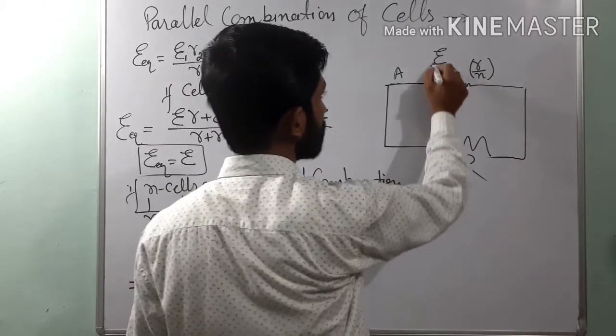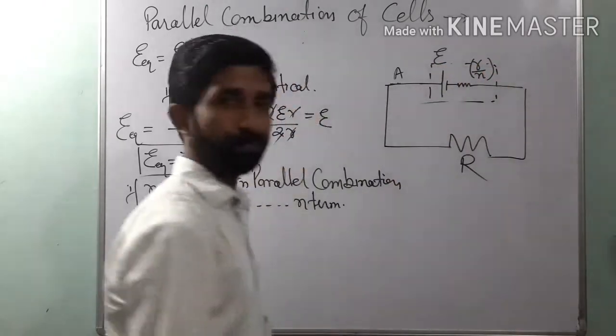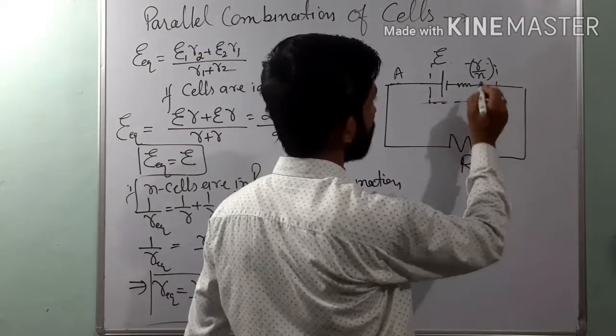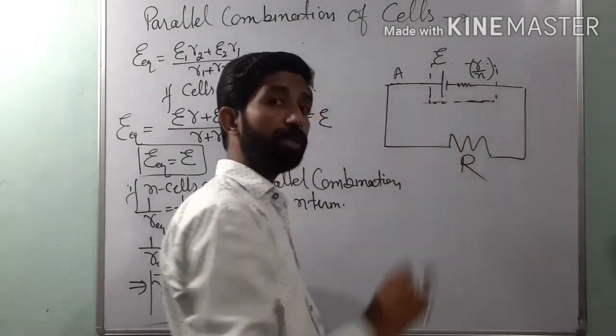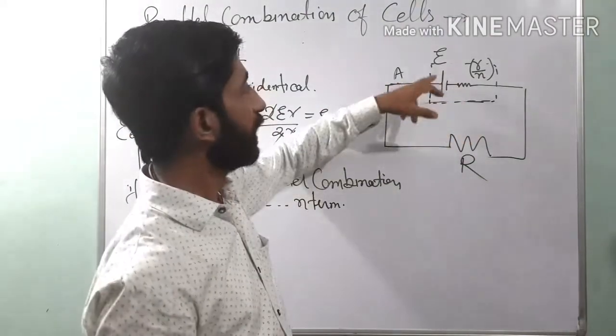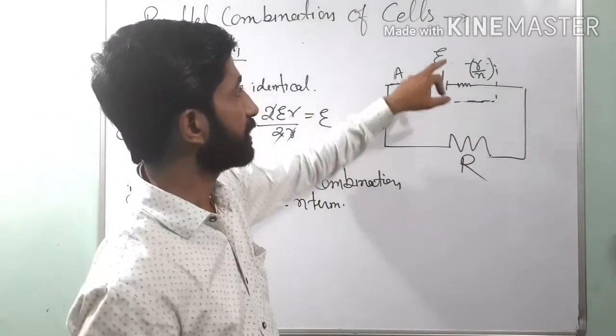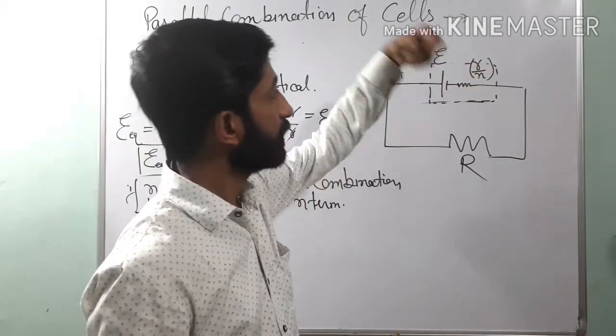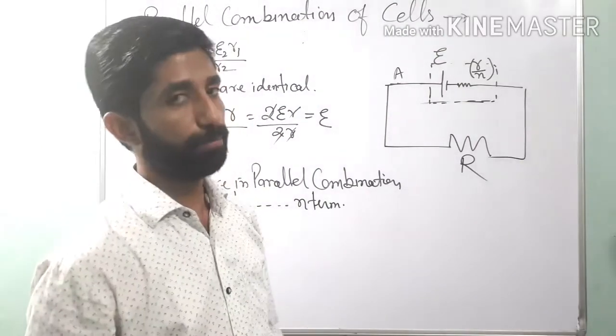So this is what the cell is now. You must be getting what I mean. This is the internal resistance of the combination of cells. We don't have a single cell here. We have a large number of cells, and that has been symbolized by a single one, E, because it is the equivalent EMF, and it has the internal resistance of the n number of cells.